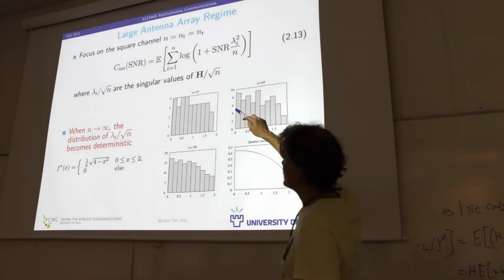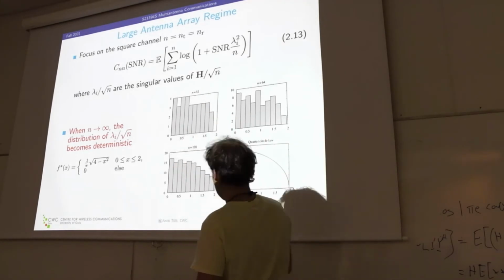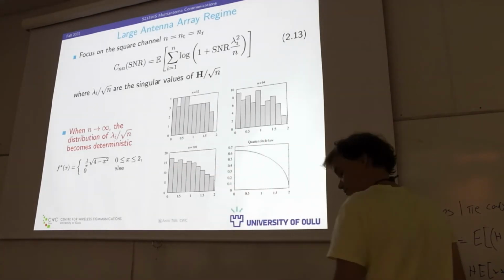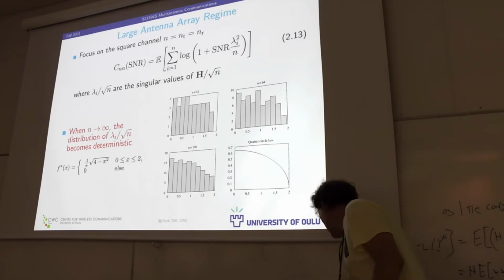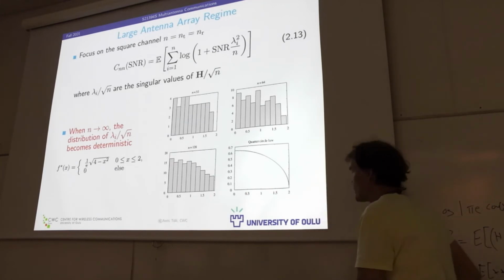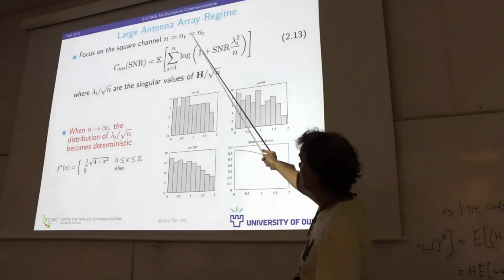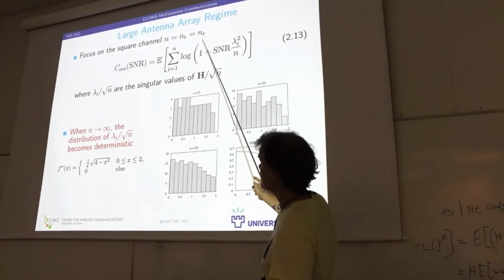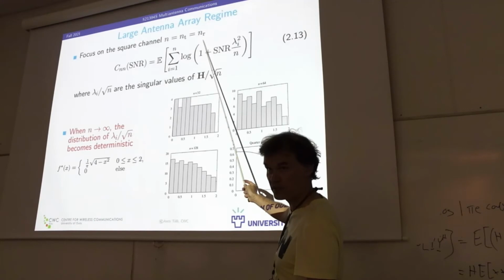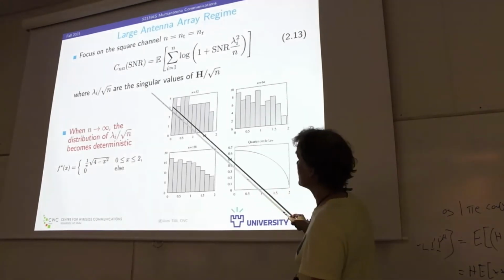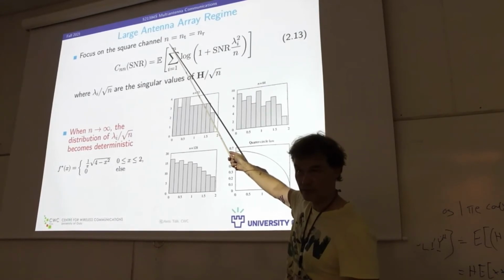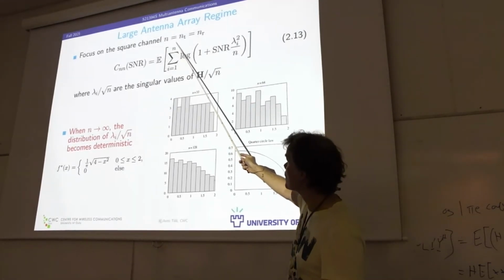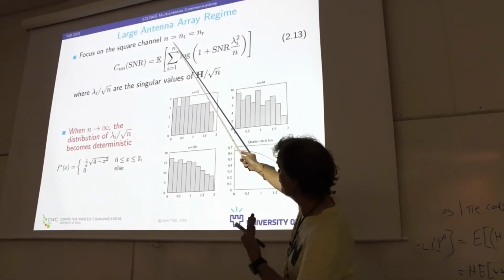So this is a special case when we have a square channel, a square scenario. The number of transmit antennas equals the number of receive antennas. We are transmitting n streams, and assuming that the rank of the matrix is n.